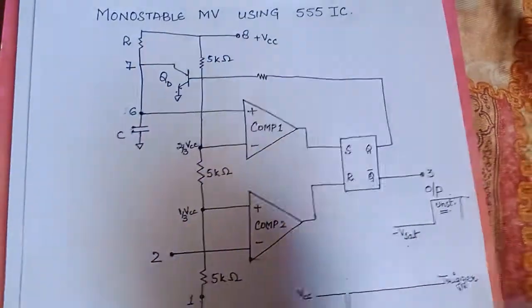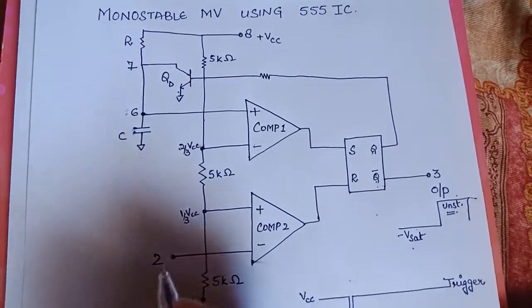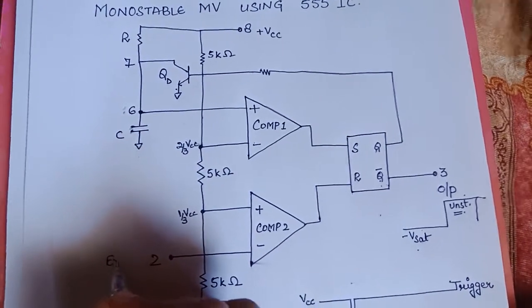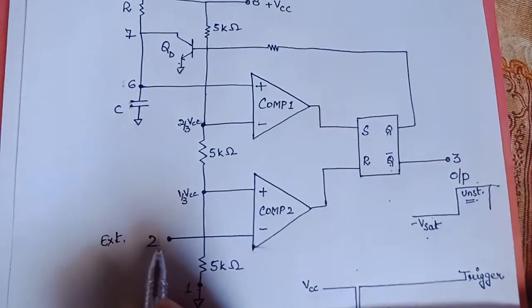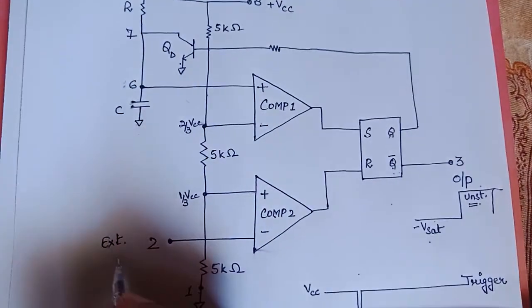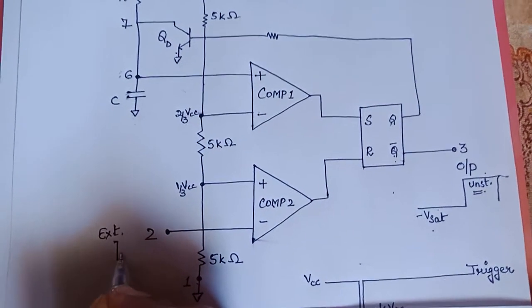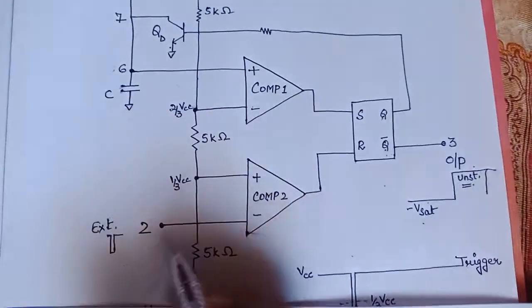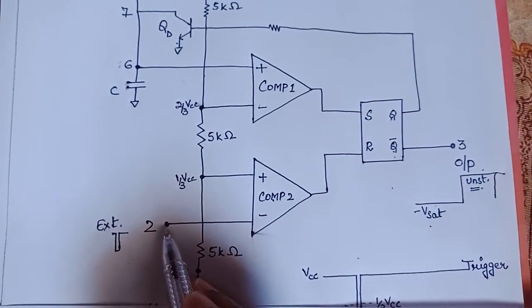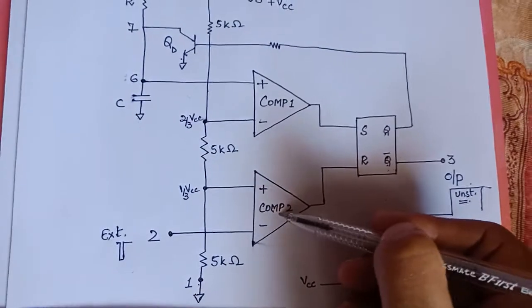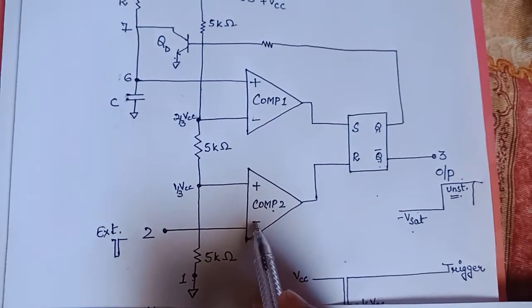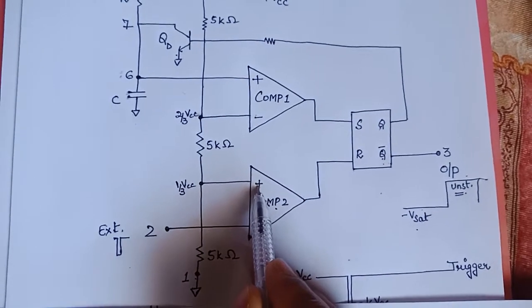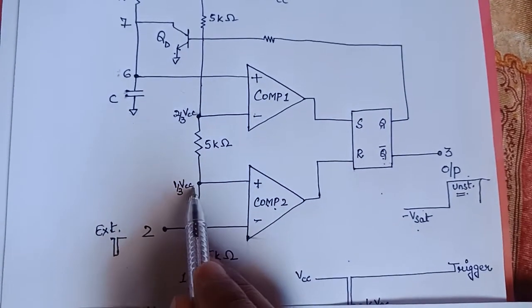Now how will it happen? We apply an external trigger at pin number 2. Suppose a negative trigger is applied at pin 2. What will happen? This is comparator 2. The external trigger is applied at the inverting terminal, and the positive terminal is at 1/3 VCC.